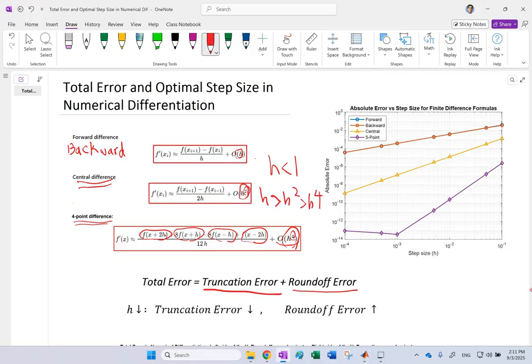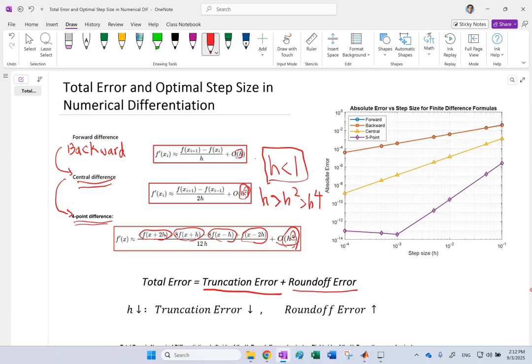You expect that when you go from forward to central and from central to the 4-point method, first of all, the amount of this error goes down.